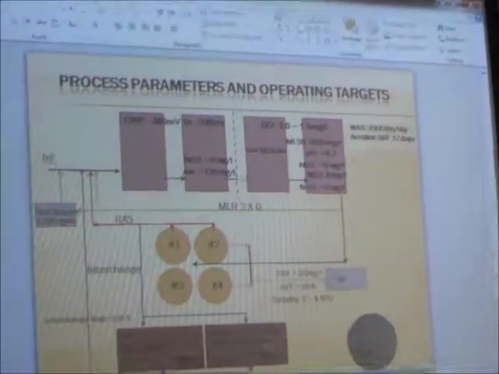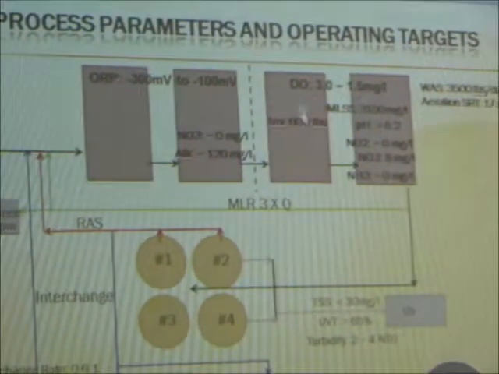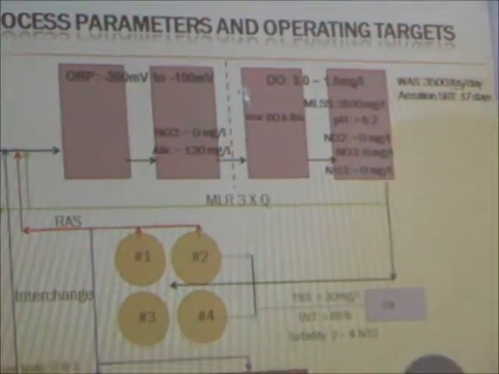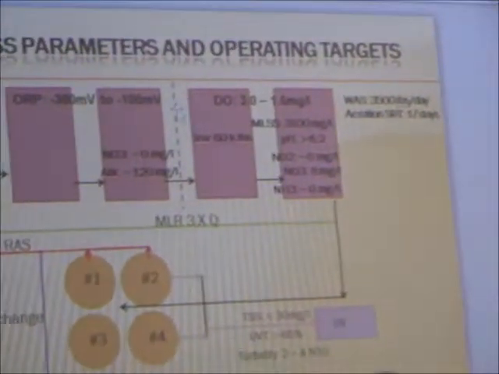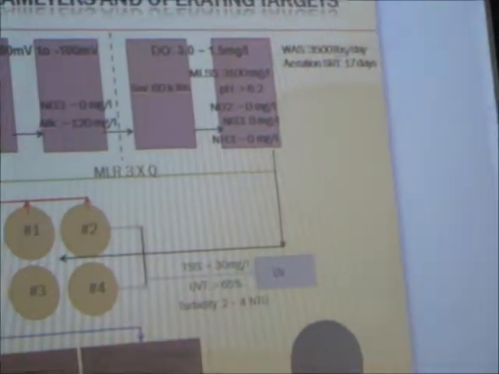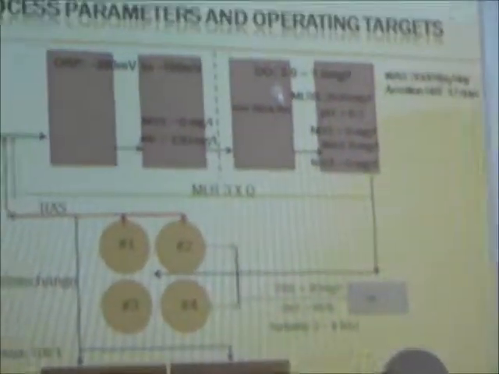The second half of the aeration basins are aerated. That's like your conventional plant. We have a DO up there of between 3 and 1.5. Conventional plants usually around 2. You want to try and keep it 2 or above.